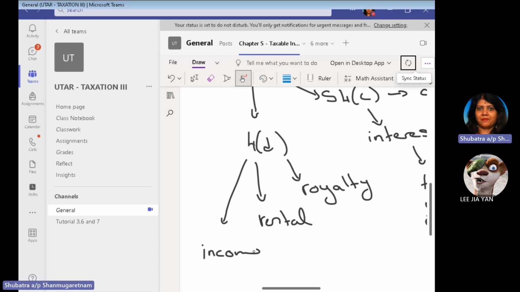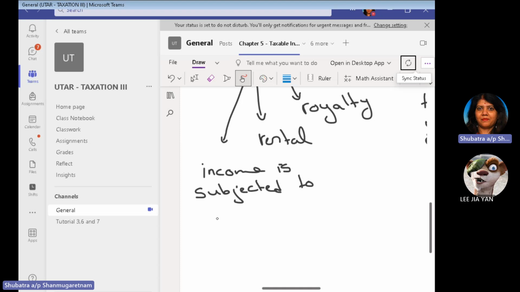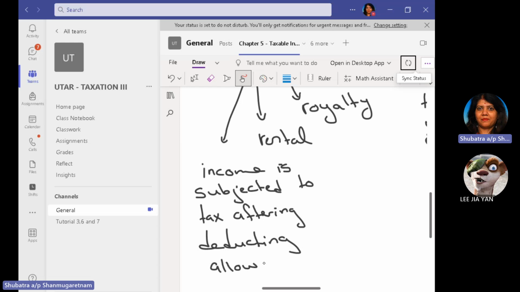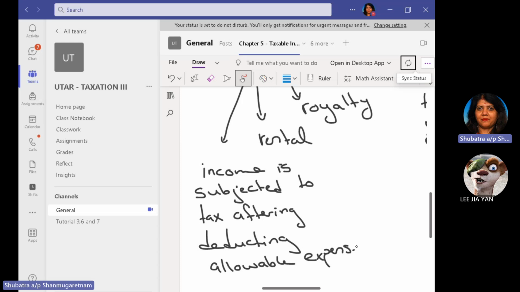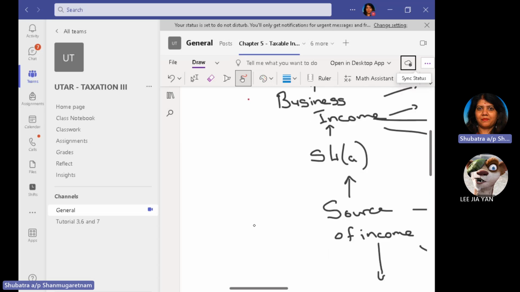So the income is subjected to tax after deducting allowable expenses. Now, guys, you need to understand this because when you do tax planning, you need to understand whether an income is taxable and what the taxable amount is.